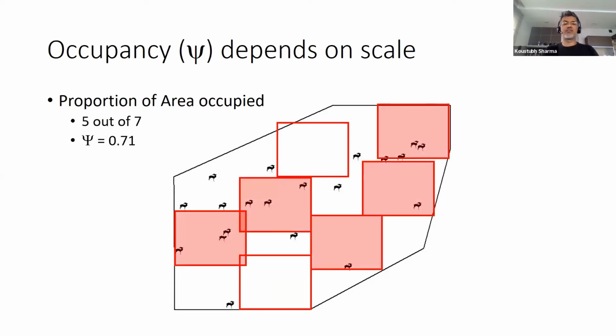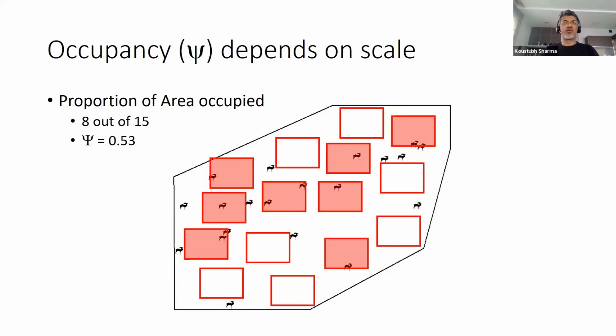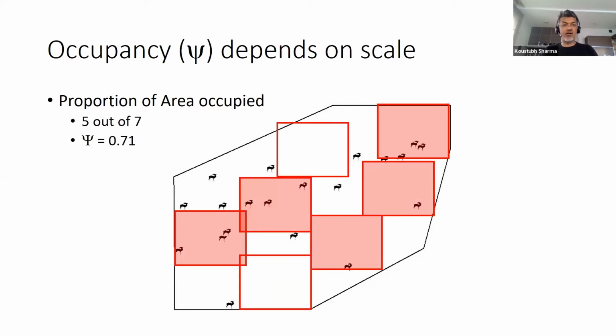When I do this estimate, now I'm saying there are 5 out of 7 units which are occupied. So my occupancy estimate for the same distribution has gone up from 0.53 to 0.71. Nothing else has changed. The species is still using the same area. The only thing that changed is my sampling unit, which is why it's extremely important.